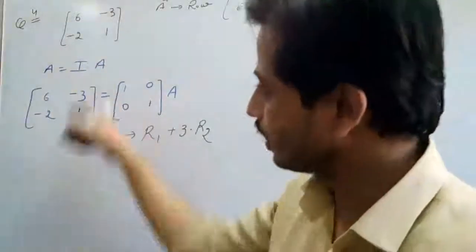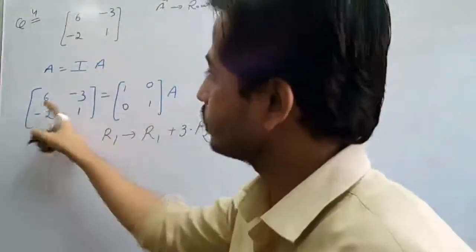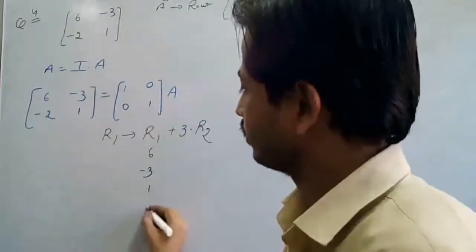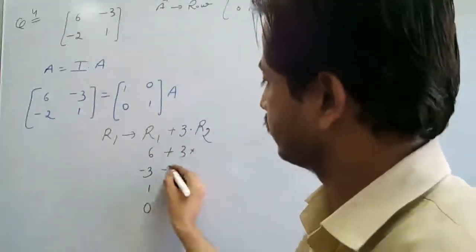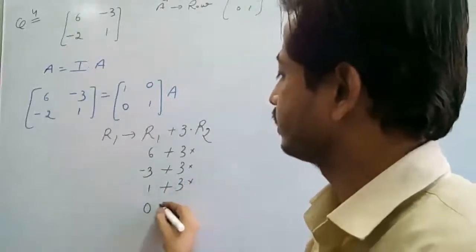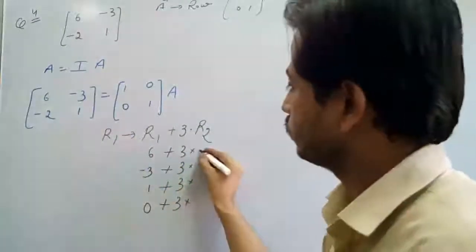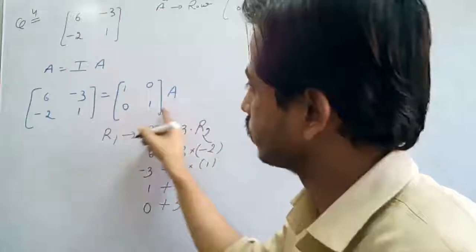Apply this please. Which one is our R1? The first row is 6, minus 3, 1, 0, plus 3 multiplied by R2. Now R2 is minus 2, 1, 0, 1.